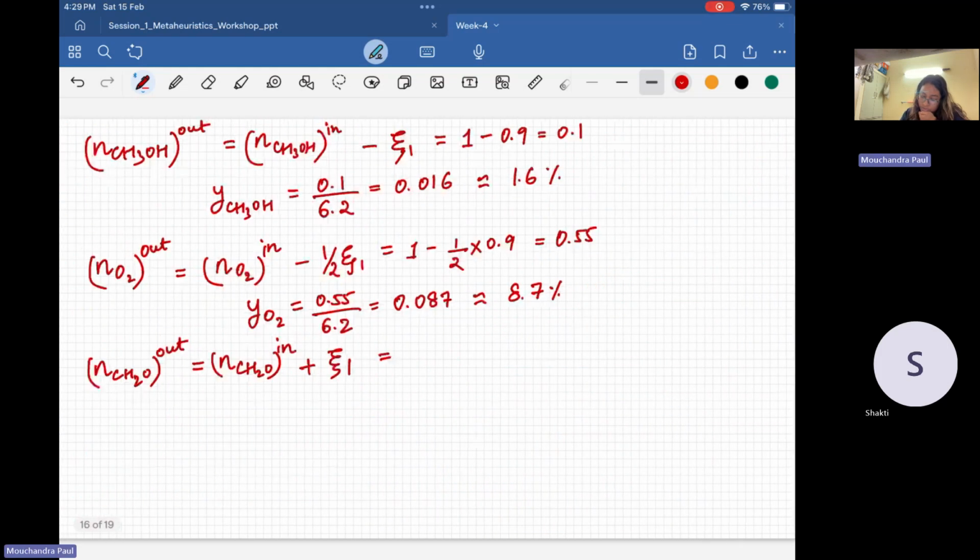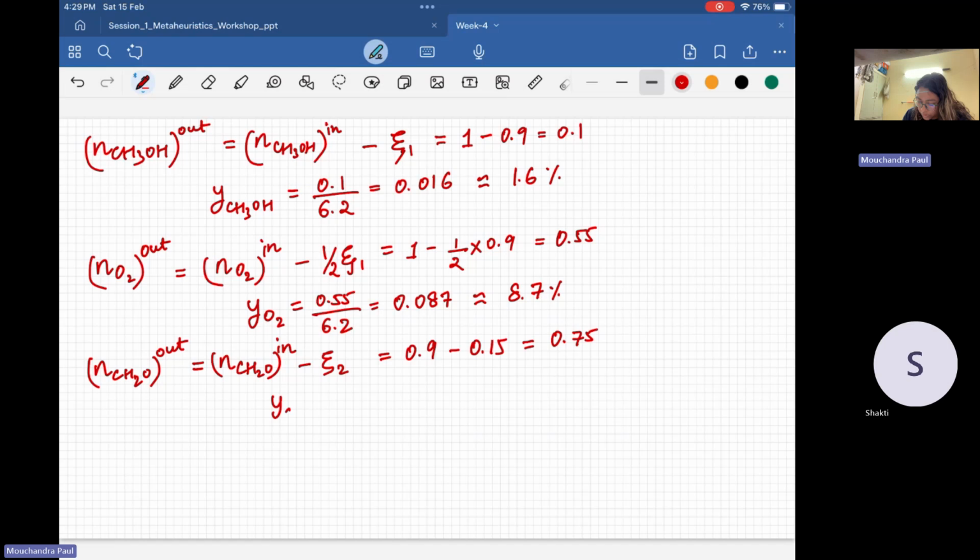So if we use the expression for reaction 2, it will be much easier. So it was 0.9 minus 0.15, 0.9 minus 0.15, 0.75.